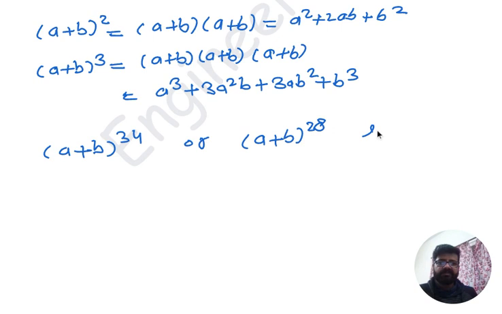If we follow the same process as for a plus b square and a plus b cube for these binomials, it will be very lengthy and tough. So we have to find another process to expand these binomials.